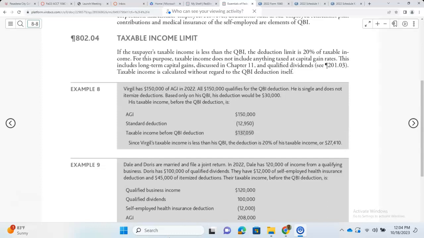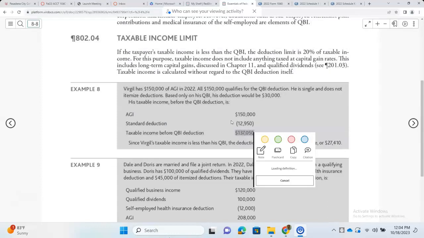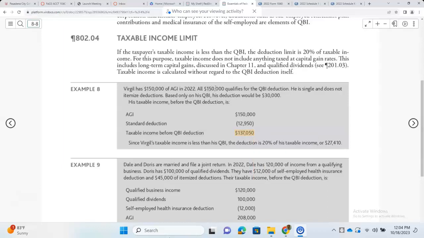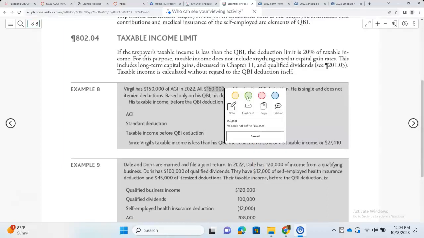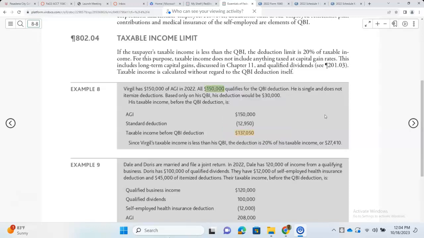So now this 137 is less than the $150,000 QBI. Therefore, Virgil's taxable income will be used to multiply by 20% because it's lower, and that will be, instead of 30,000, how much? $27,000.